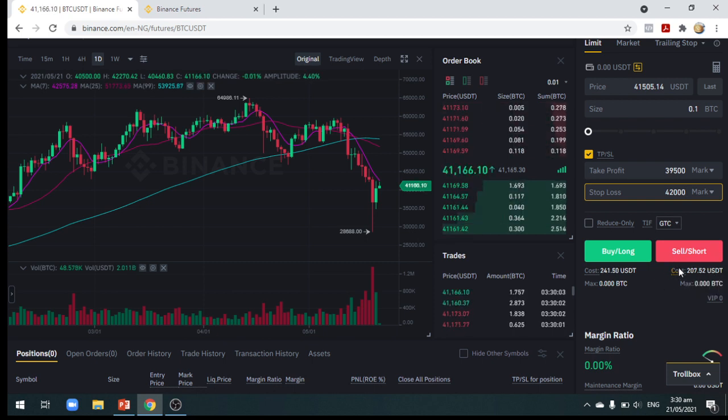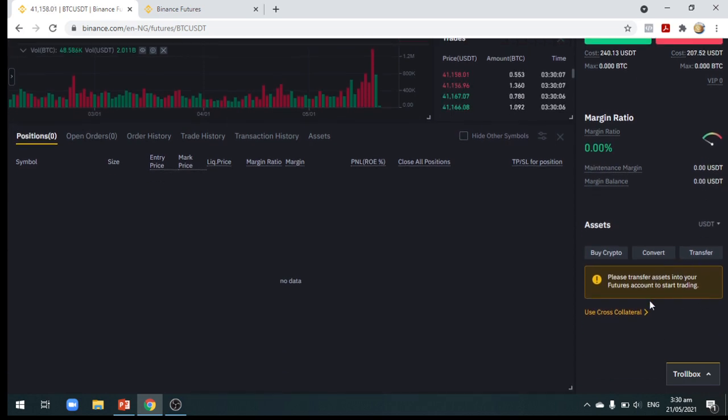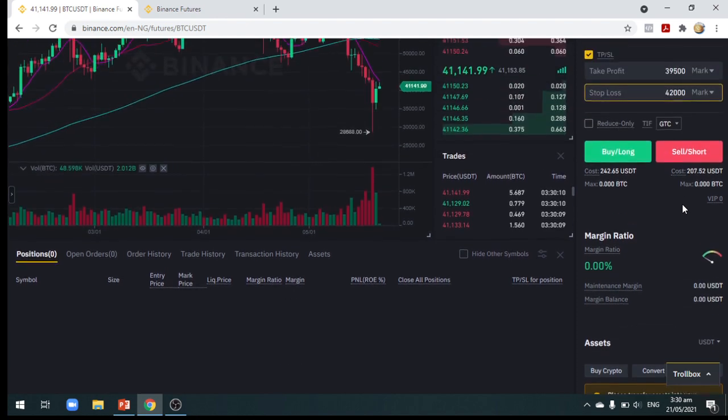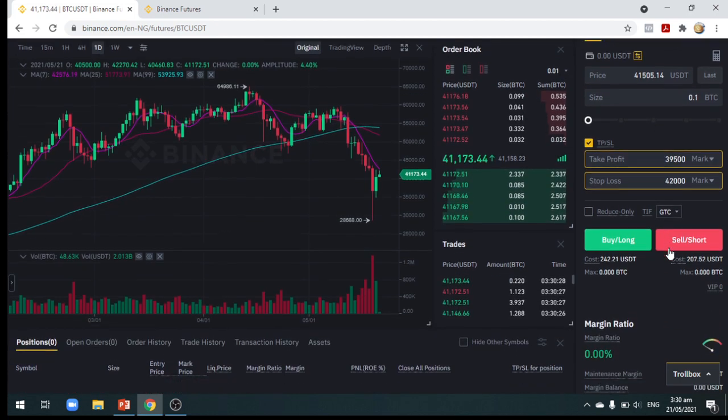Now I can't do that because I have not put in collateral. So what I want to do first of all is to go here and transfer money from the spot wallet to the futures wallet, so that I will have enough margin to take this particular position.